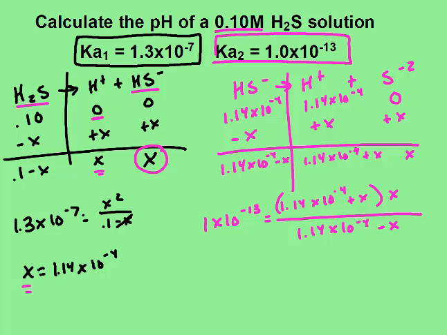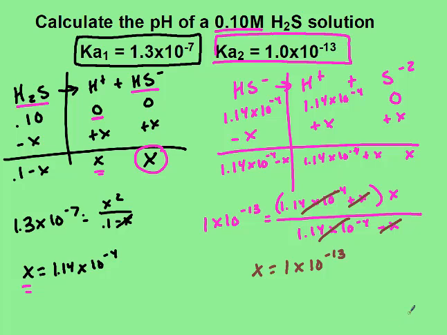This time my X is even smaller because my K value is even smaller than it was before. So I can definitely ignore my minus and plus X's. And in this case, I have the same numerator as denominator, so those also actually cancel out. So my X is just equal to 1 times 10 to the negative 13th.